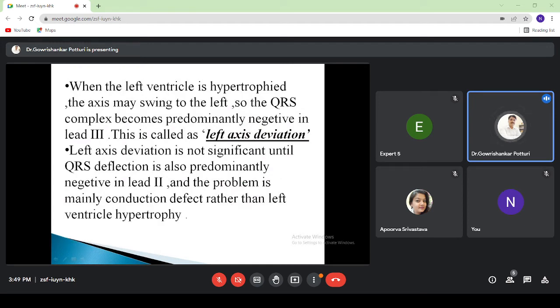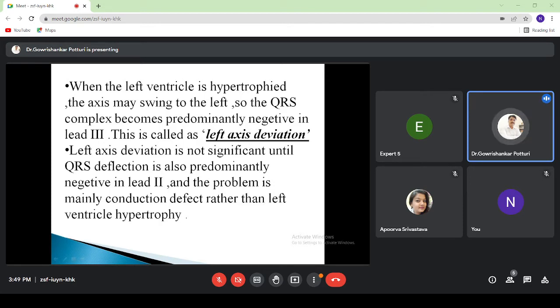Left axis deviation is not significant until QRS deflection is also seen in lead 2. Please understand. Alone in lead 3, if you find left axis deviation, you cannot come to a conclusion. There should be deviation also in lead 2.